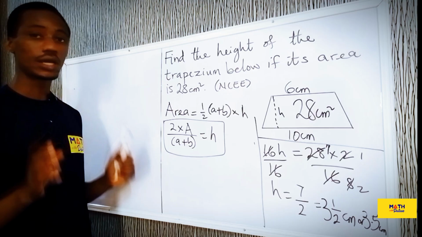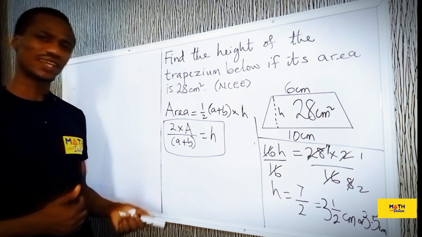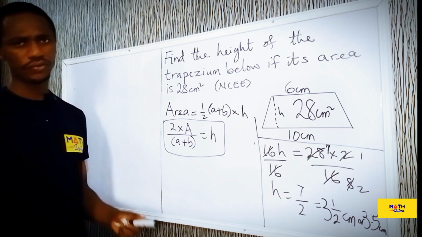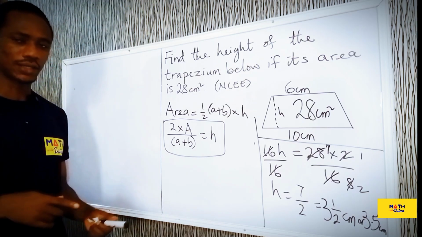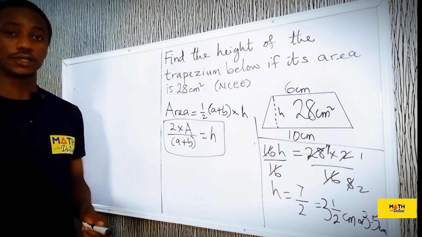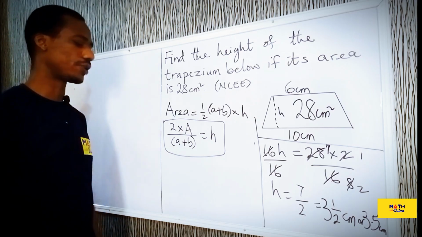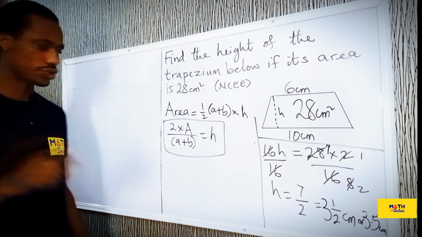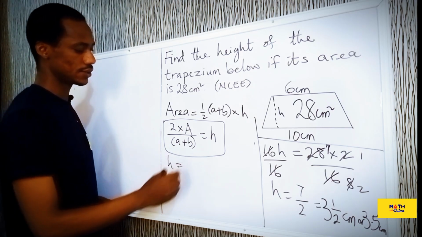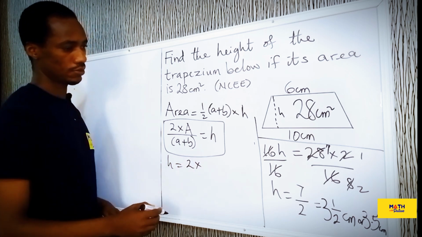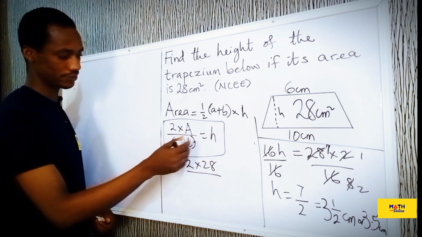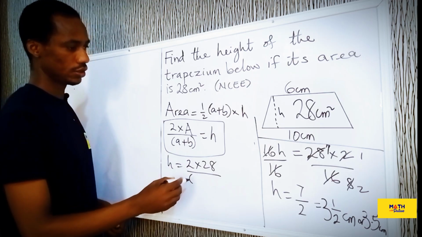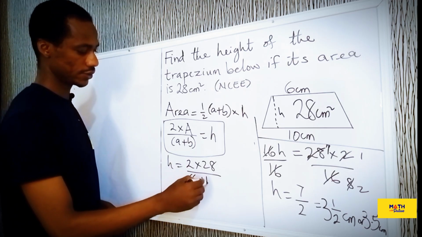But you can have the formula knowing that whenever I'm to find the height of a trapezium, I know the area, I know the two parallel sides. I can just multiply the area by 2 and divide that by the sum of the parallel sides. Let's try that. So that's area times 2, 28, then divided by 6 plus 10.